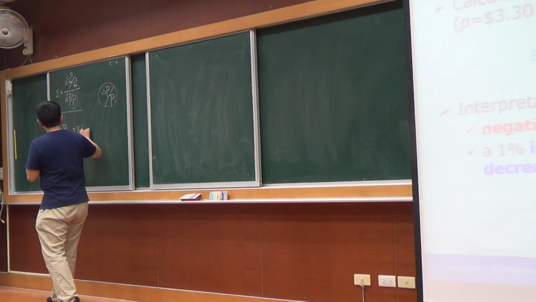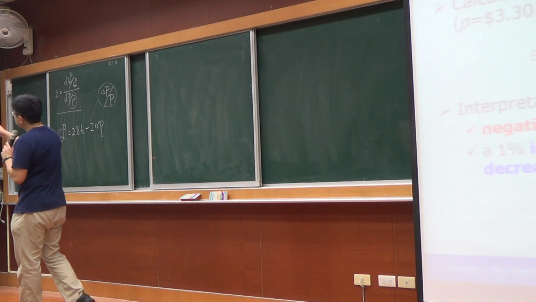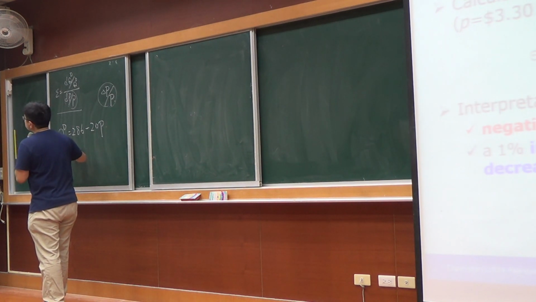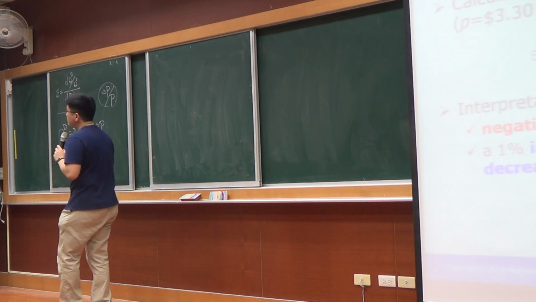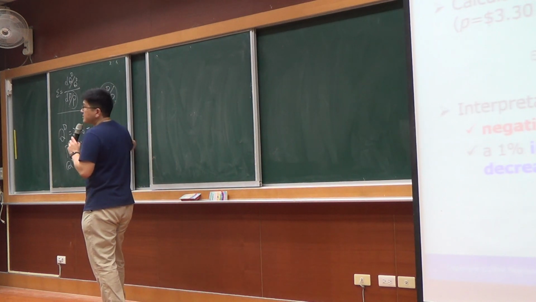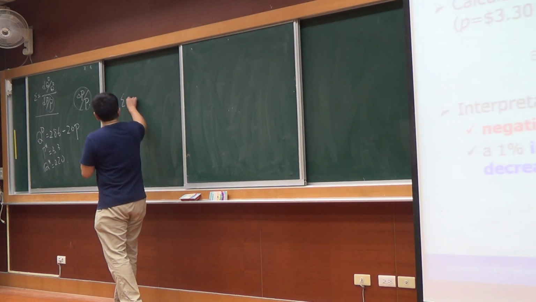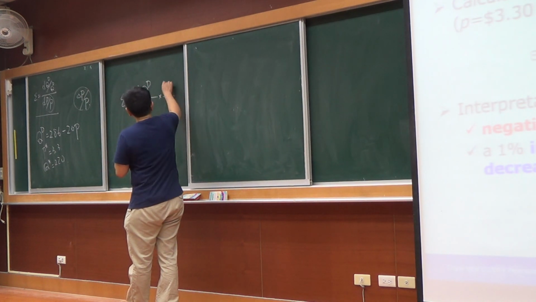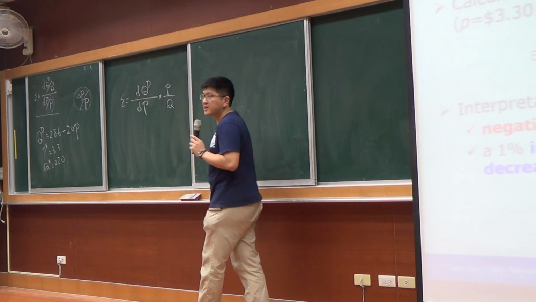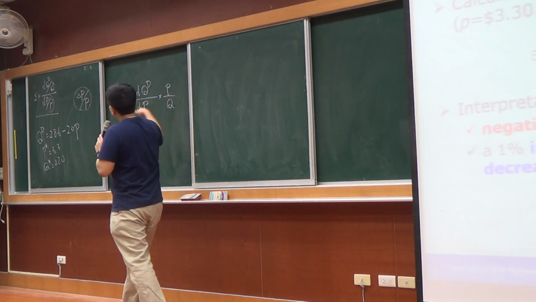And now we have an equation here, QD equals 286 minus 20P. And at equilibrium, P star equals 3.3 and Q star equals 220. So what about the elasticity epsilon? We may rewrite this as the derivative of QD with respect to P, times P over Q. Is that right? It's the same formula, we just rearrange into this form.